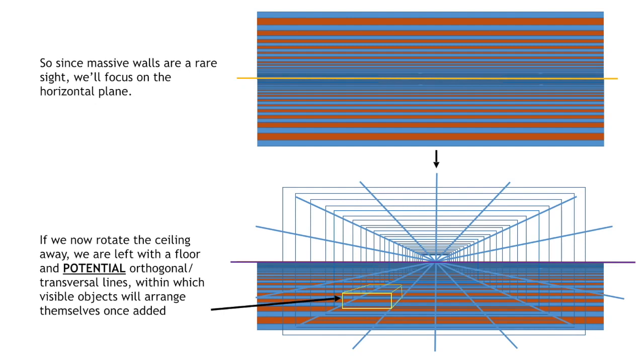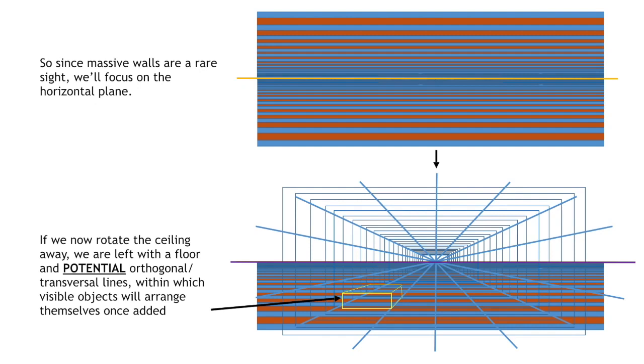So since massive walls are a rare sight, we'll focus on the horizontal plane. If we now rotate the ceiling away, we are left with a floor and potential orthogonal and transversal lines within which visible objects will arrange themselves once we add them in. So again, you can rotate the ceiling now away from you as well, as if nothing was there.